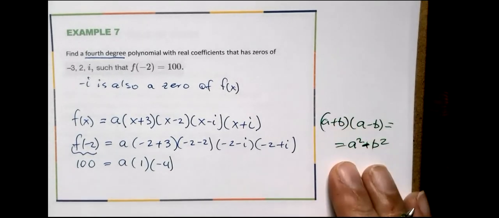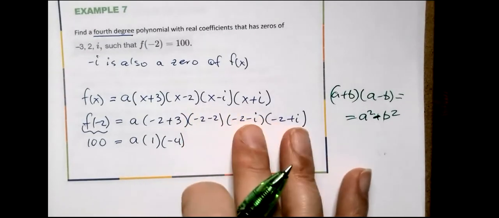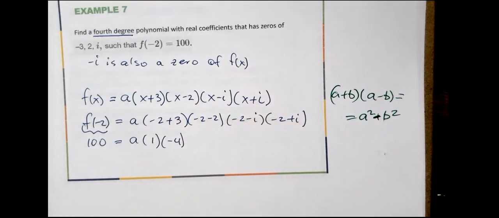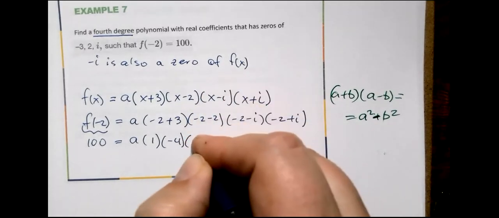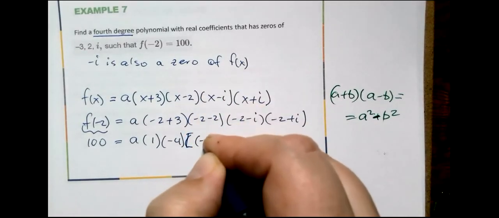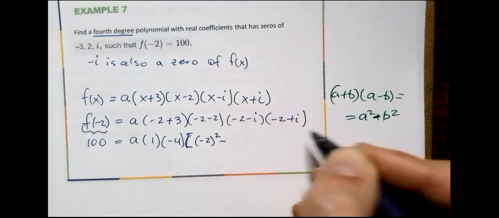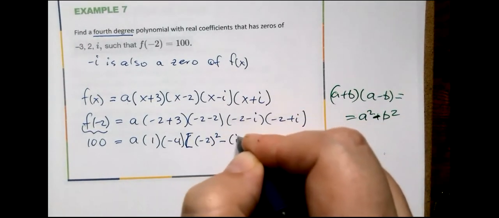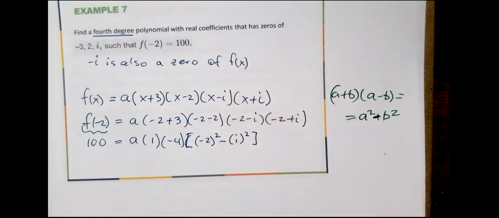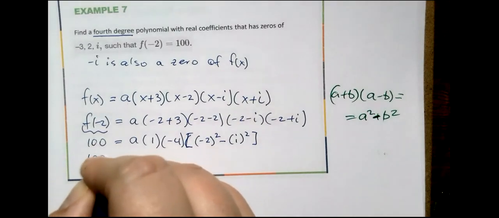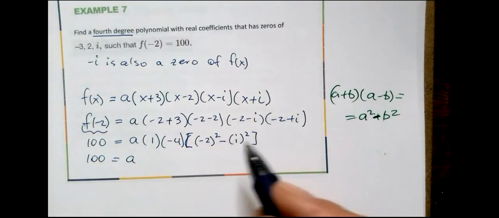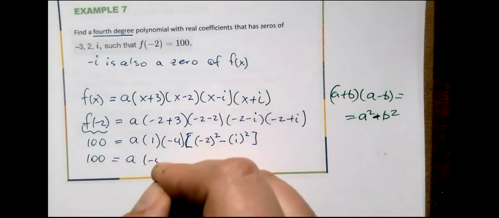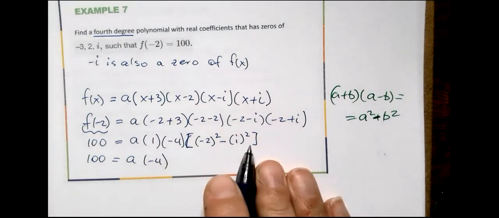So I'm going to apply this formula here. And what I have is actually -2 squared minus i squared. Okay, so we have 100 equals a times -4. What do we have here?